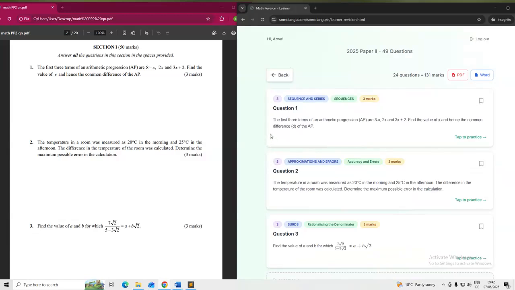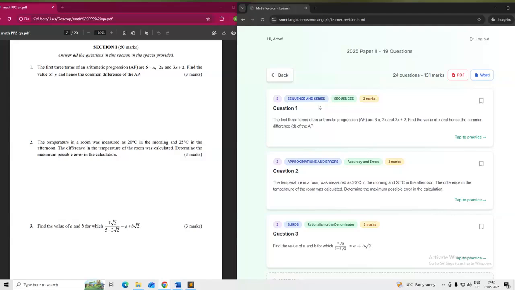Question number 1. Arithmetic progression are 8 minus x, 2x, and 3x plus 2. Find the value of x and hence the common difference, D, of the arithmetic progression. Question 1 tests the topic, sequences and series, and specifically arithmetic progressions.